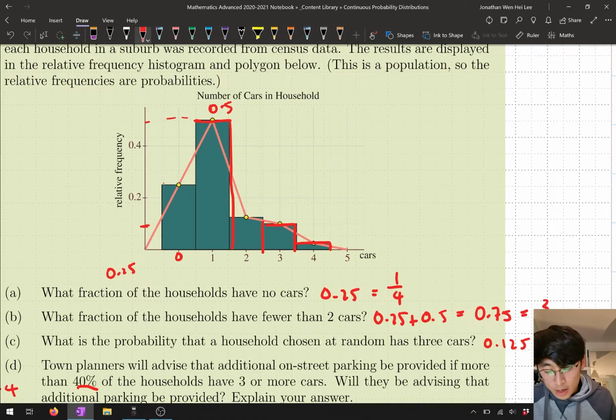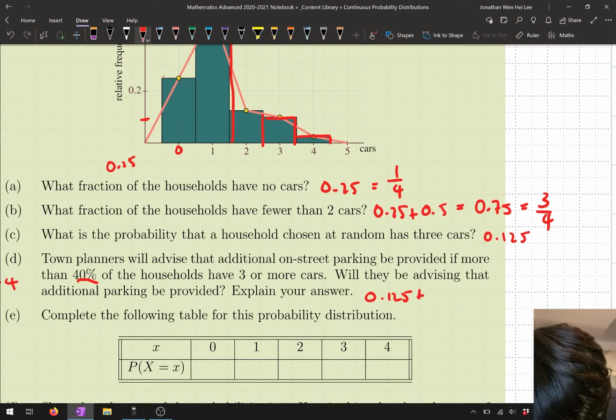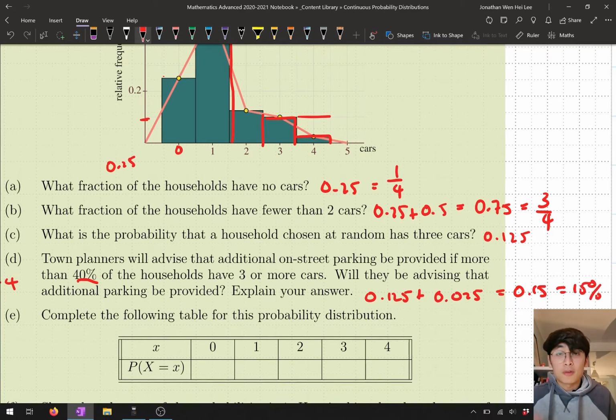Now, we want to just read off their frequency. So 0.3 just happens to be 0.125 plus the 0.4 column. Now, I'm not quite sure if you can see that quite accurately, but I believe when I did this question earlier, that was roughly a quarter of that first up until here. So that is 0.025. And so this gives me a total of 0.15 or 15%. So 15% of households have 3 or more cars, which means that no additional parking.